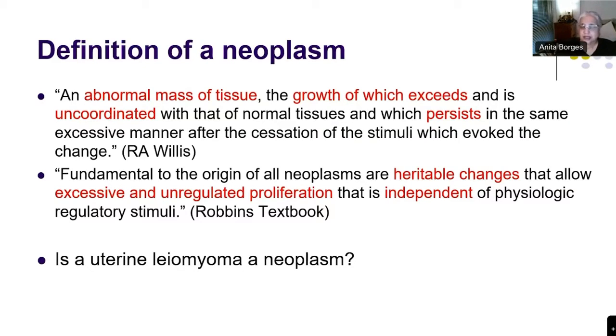Okay, yes, it is an abnormal mass of tissue, and the growth was excessive, and it was uncoordinated. Otherwise, you wouldn't be able to see it as a leiomyoma. It wasn't forming normal uterine muscle. It does resemble uterine muscle, the cells do, but you can still see that it's a tumor, and therefore it is uncoordinated with the growth of its neighboring uterine muscle.